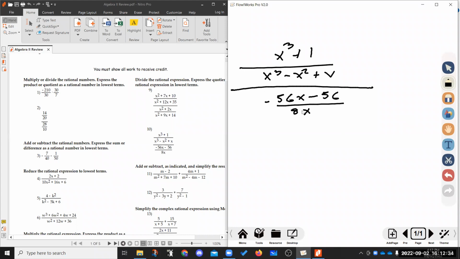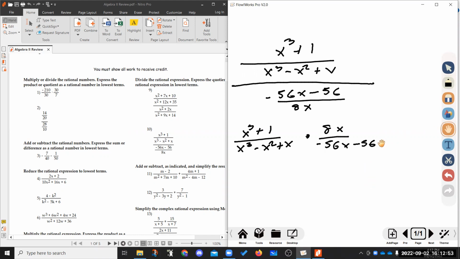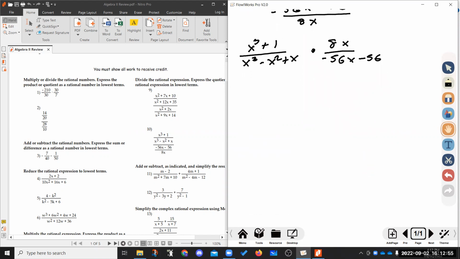Again, we're going to rewrite that: x cubed plus 1 over x to the third minus x squared plus x, times 8x over negative 56x minus 56. Now work with it in that form. This is x plus 1 times x squared minus x plus 1.